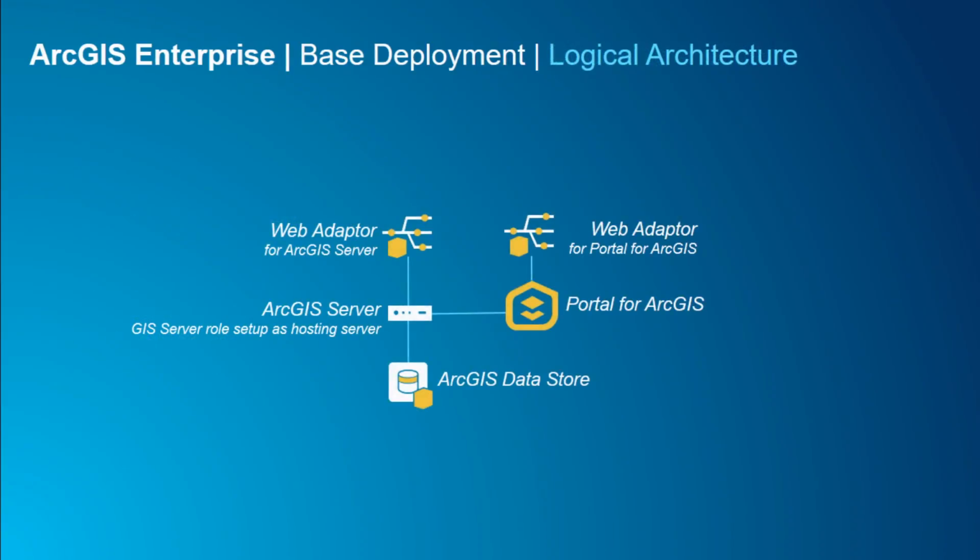No matter what particular deployment pattern you choose, it's the same logical architecture. There's a web adapter for the portal, there's a web adapter for the server side, and then you have the ArcGIS data store. So when is it appropriate to install everything on one machine? Many times this can be dev test environments. That's very simple and easy to get started with.